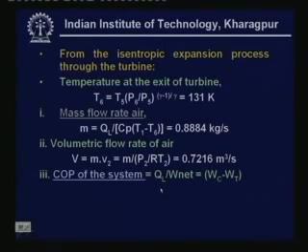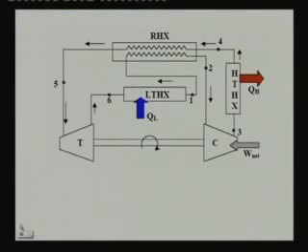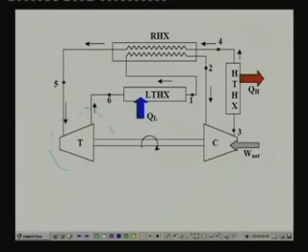Finally, we have to find the COP of the system. COP of the system is given by QL divided by W net, that is the net work input to the system, and net work input to the system is equal to work input to the compressor minus work output from the turbine. This you can easily find out by again applying energy balance across turbine and compressor. If you apply energy balance across the turbine and neglect delta KE and delta PE, that means delta KE, delta PE are negligible for both the components, then from energy balance, and this is a reversible adiabatic process, there is no heat transfer.